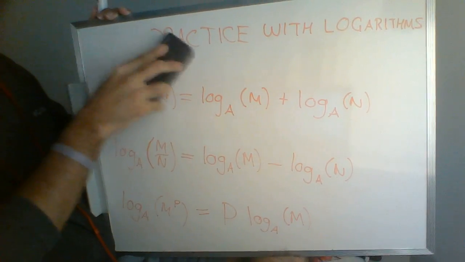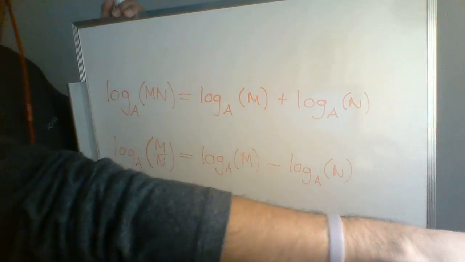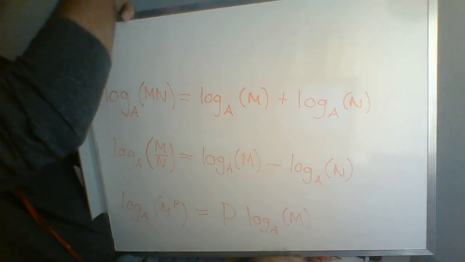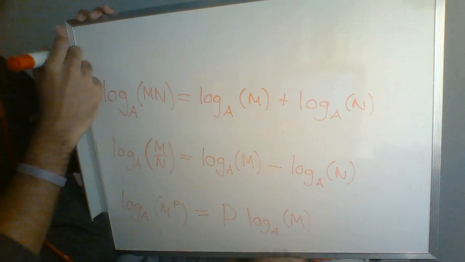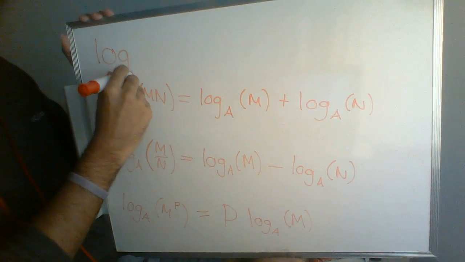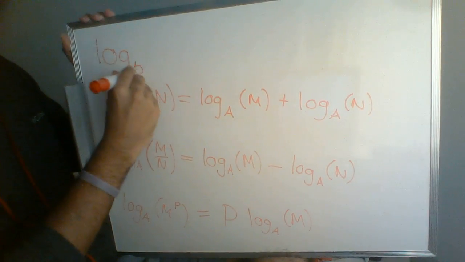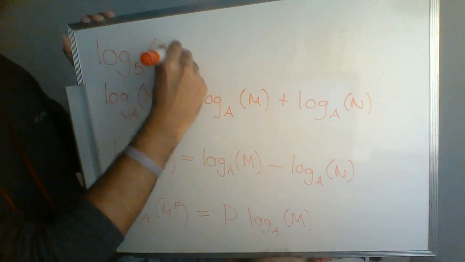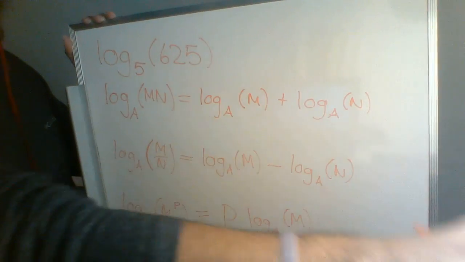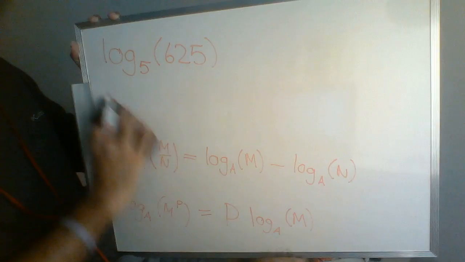So let's start off with the following. We may have done this one already, but as a refresher, we've done something very similar. The first one is log base 5 of 625.